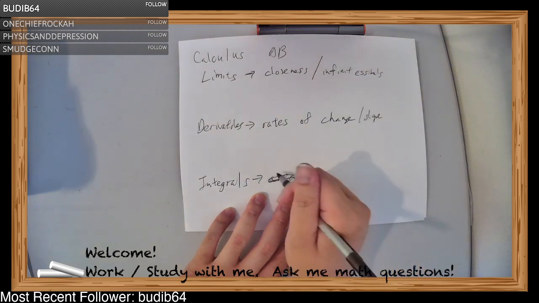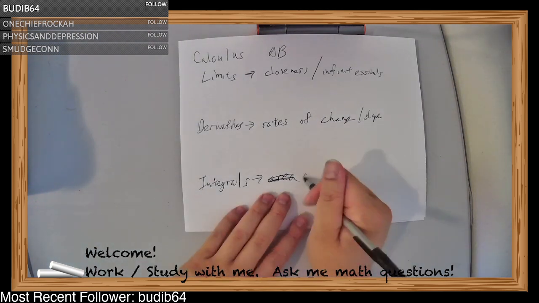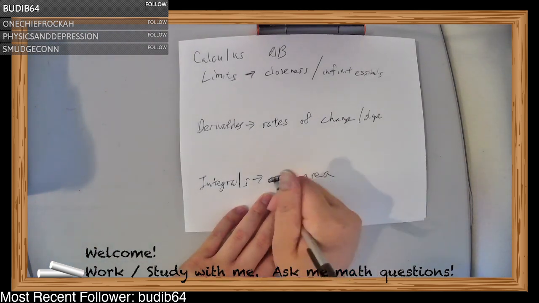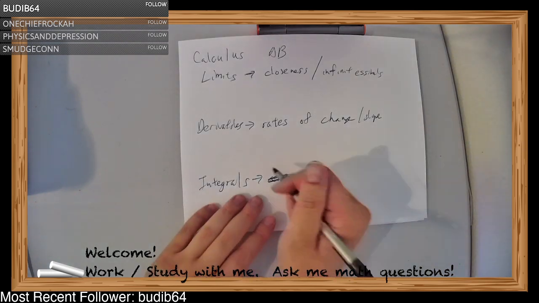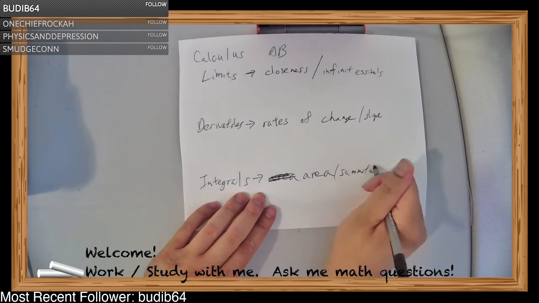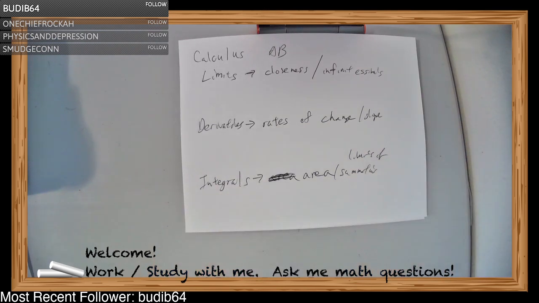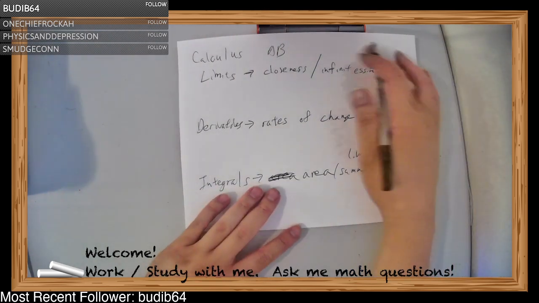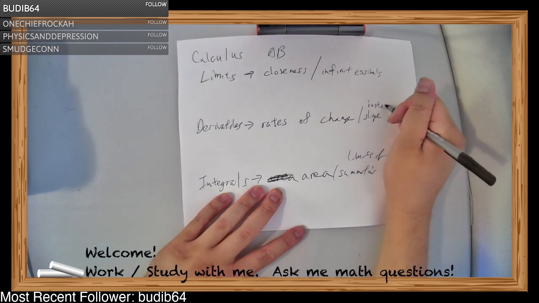Let's just put area for integrals, and summations. Limits of summations maybe is probably better. And slope should be instantaneous slope.